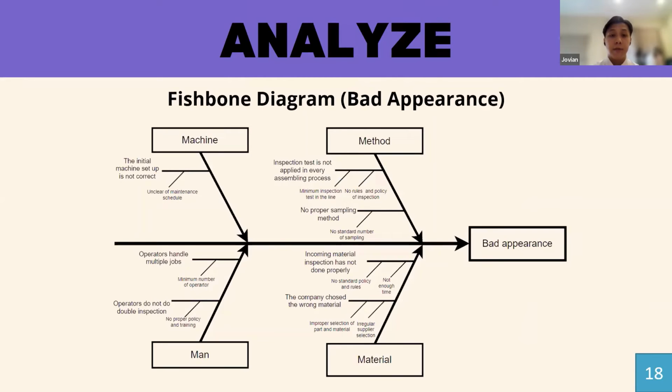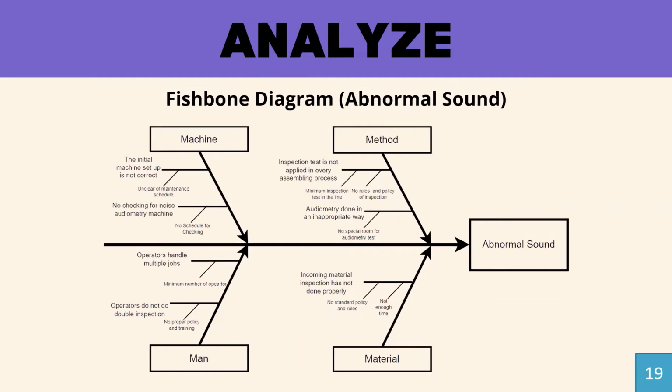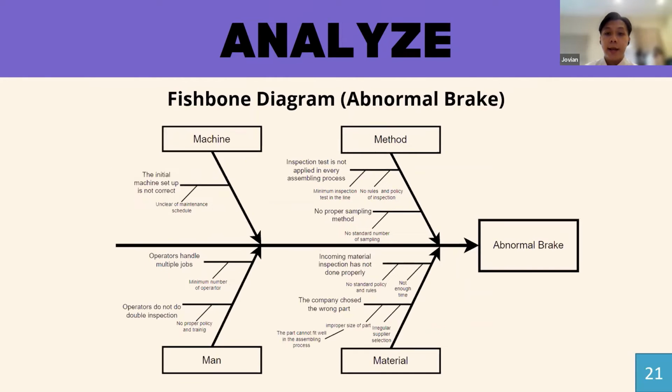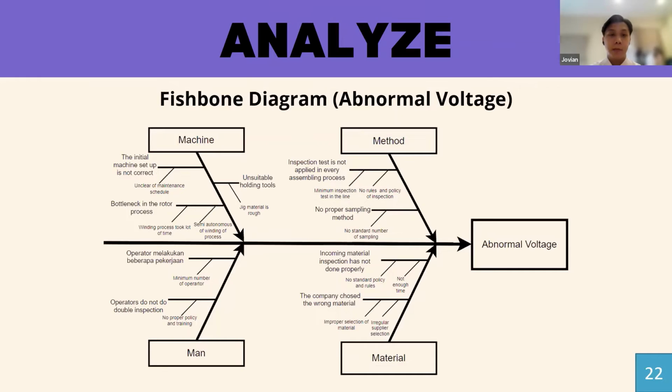And this is the fishbone diagram of bad appearance, which is analyzed to find the root of the problems based on 4 factors: man, method, machine, and material. And this is the fishbone diagram of abnormal sound, abnormal motor, abnormal brake, and abnormal voltage.